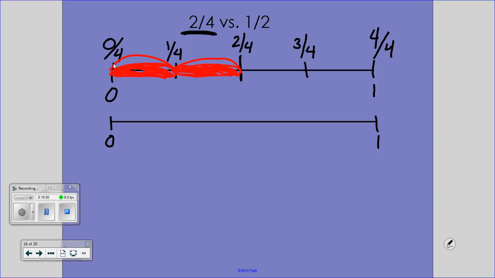Alright, let's partition my second number line. What fraction goes above 0? Ryan? 0/2. Very good. What fraction goes above 1, Dylan? 2/2.